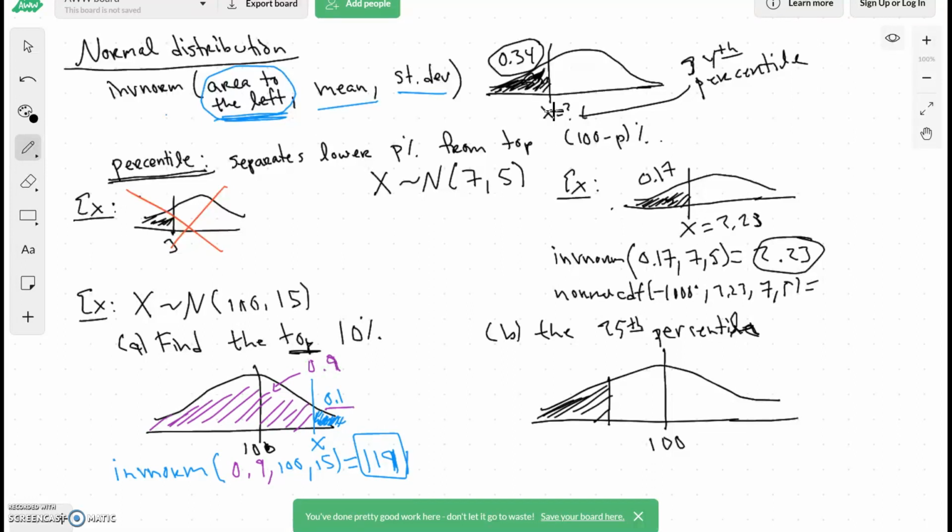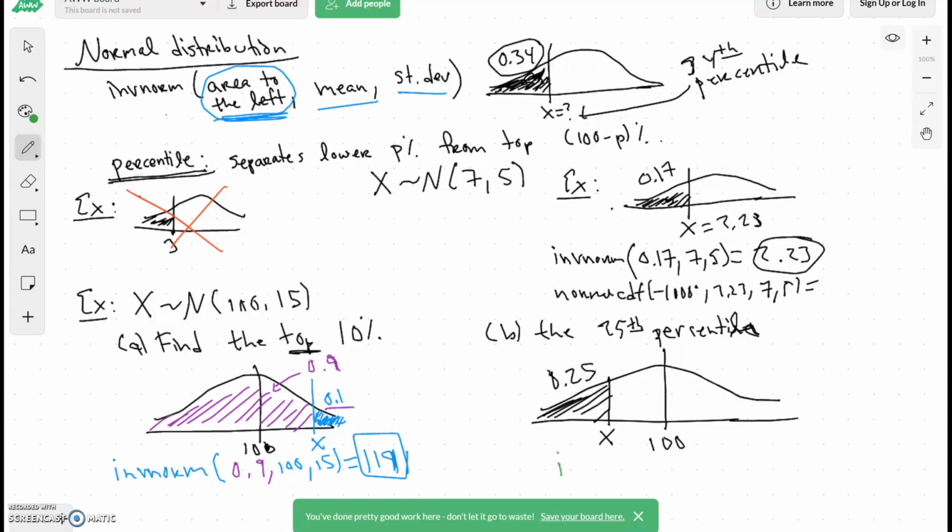We're looking for what number X, which is the 25th percentile, corresponds with the bottom being 0.25. Whenever we have a percentile problem, this is going to be 0.25. So what value of X corresponds with 25% of the area being below it? Another inverse norm problem.